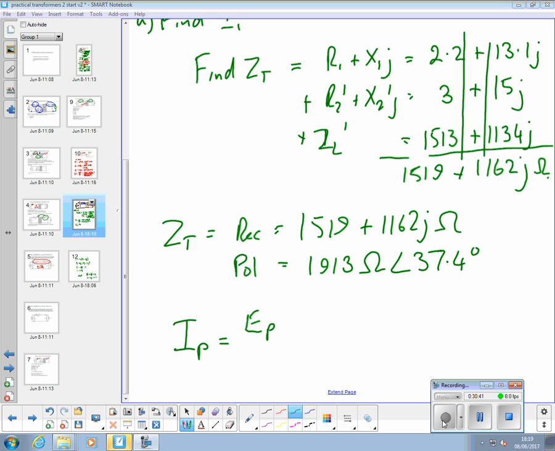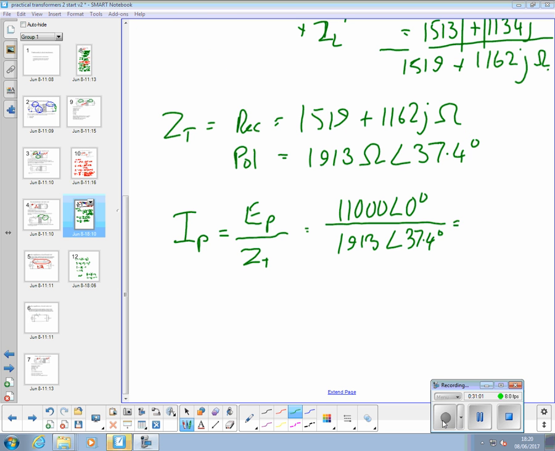We'll go with EP over ZT: 11,000 angle 0 over 1913 angle 37.4 equals 5.75 amps, angle minus 37.4.